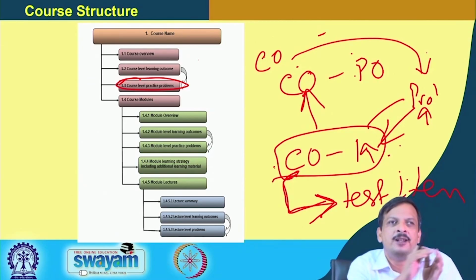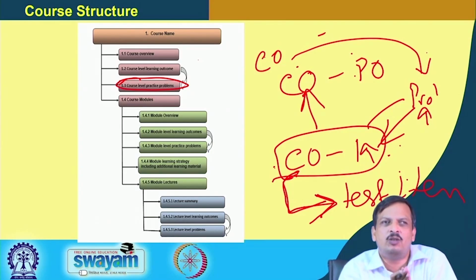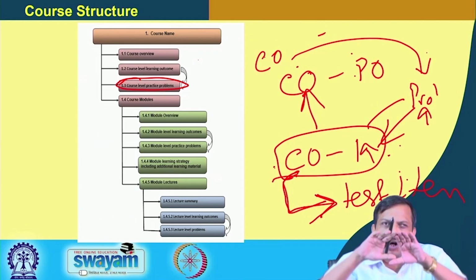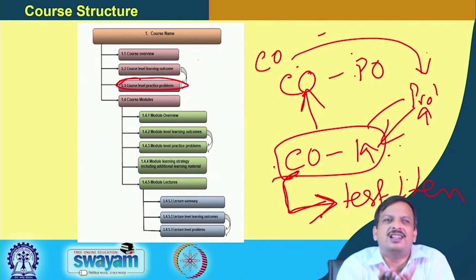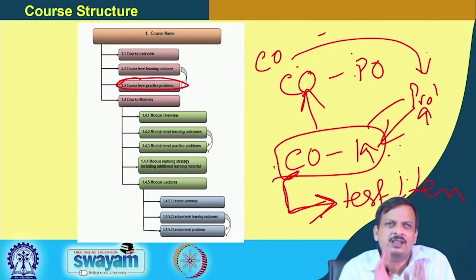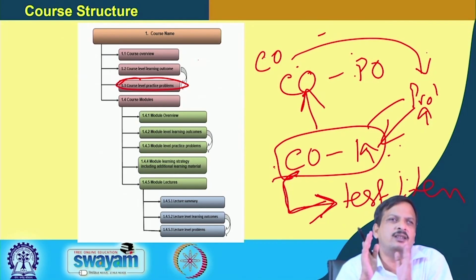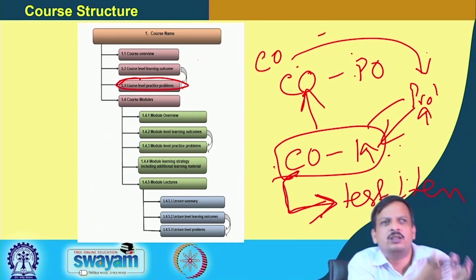Assessment is not a separate thing from curricula. Assessment, curricula, teaching learning, all combined together is called the program. It is not that assessment is different, evaluation is different, curricula is different. Curricula, assessment, evaluation, all are correlated with each other. When I talk about assessment and evaluation, I will show how they correlate with curricula.